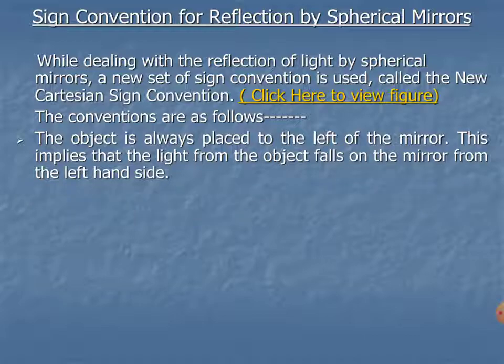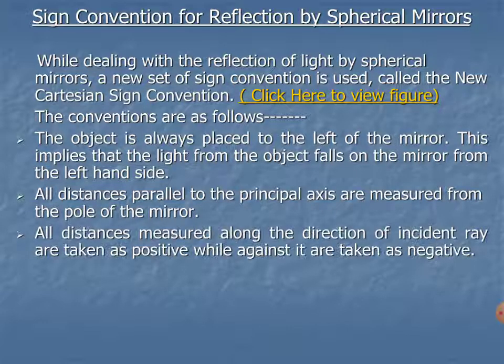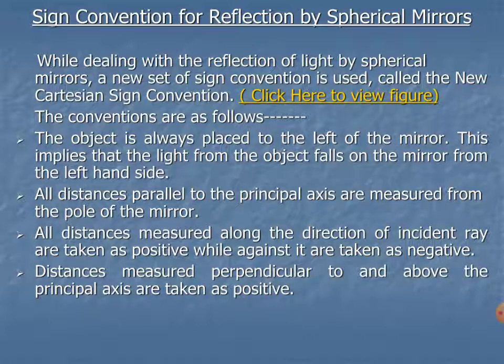All those measurements in the direction of the incident ray are taken as positive, while against it are taken as negative. Got it? If the measurement of the distance is in the direction of the incident ray, then that measurement has to be taken as positive. If the measurement is done against the incident ray, then it will be taken as negative.